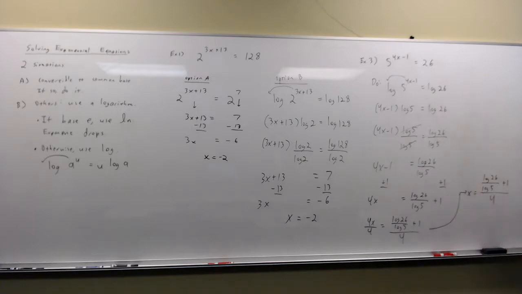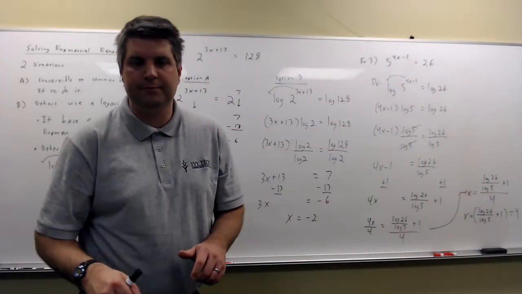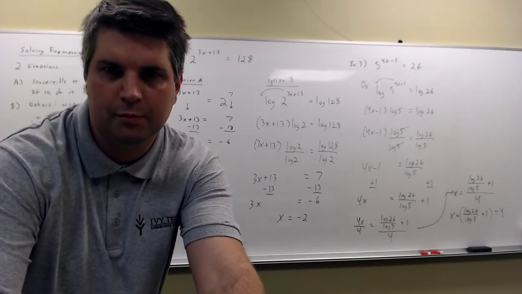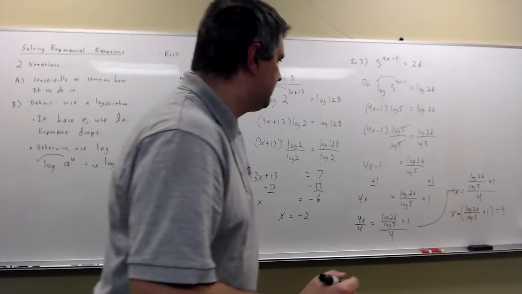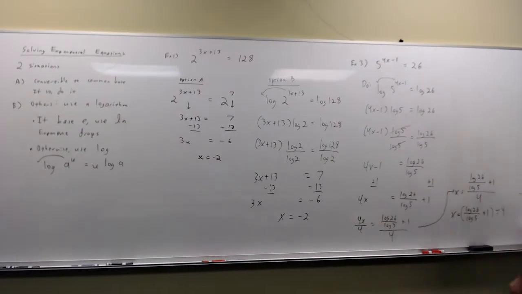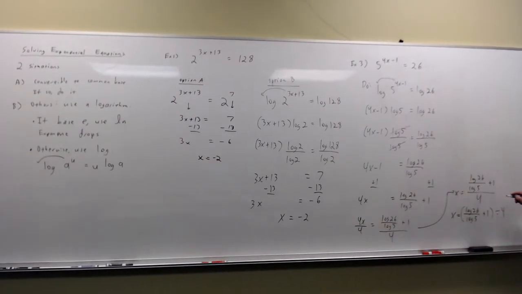Or another way you could have put this is x equals log 26 over log 5 plus 1, divided by 4. That's another way that could have been expressed. Now the approximate solution, so these are exact.